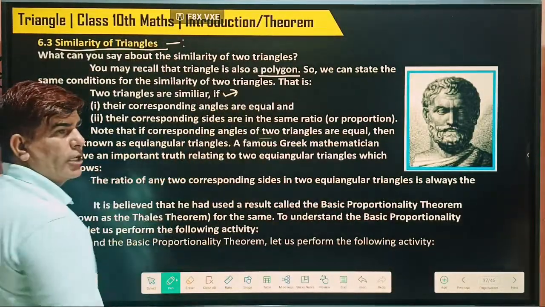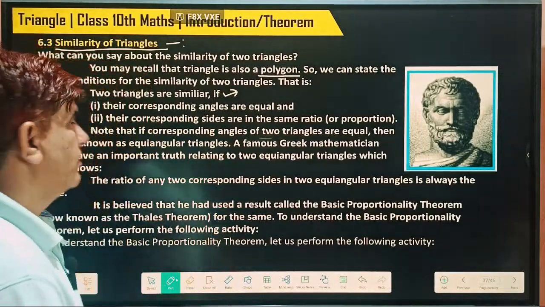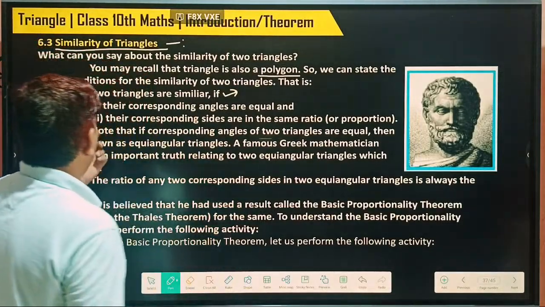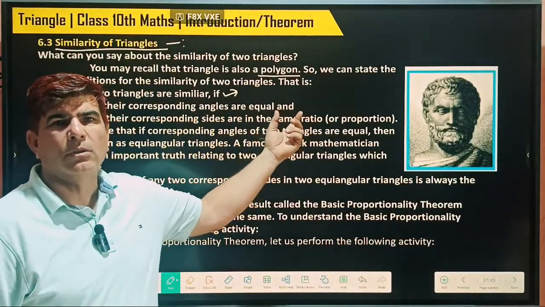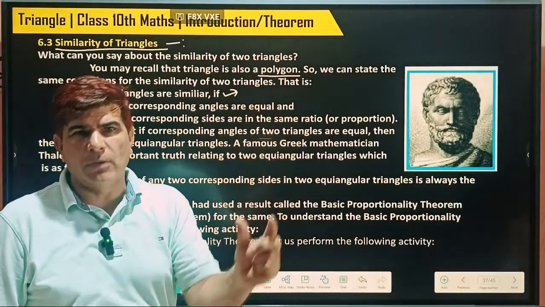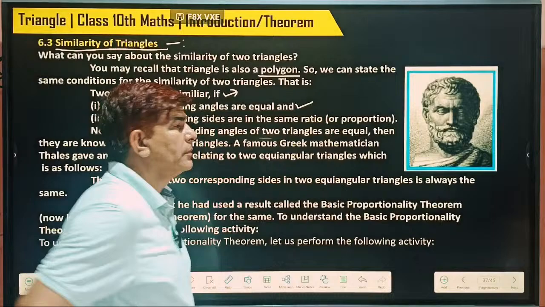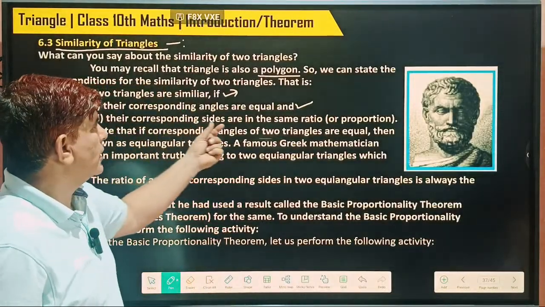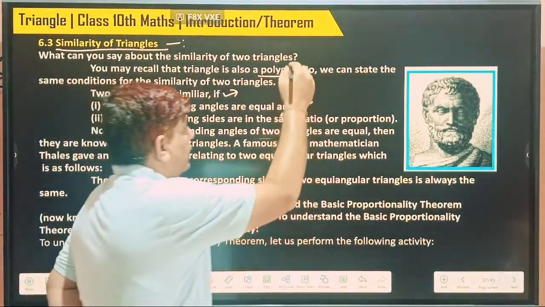Since a triangle is also a polygon, it satisfies the conditions given for polygons. Two triangles are similar if their corresponding angles are equal and their corresponding sides are in the same ratio.